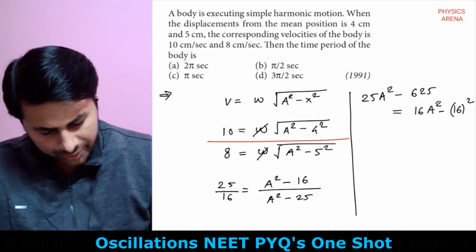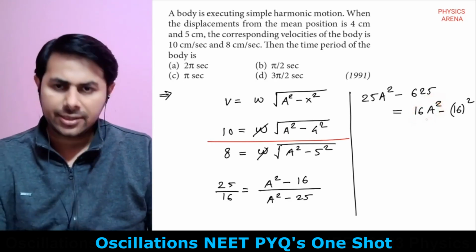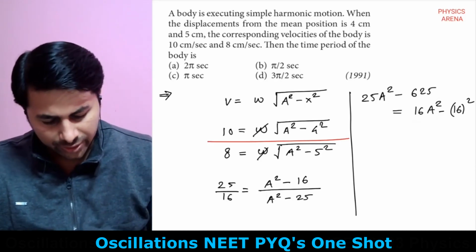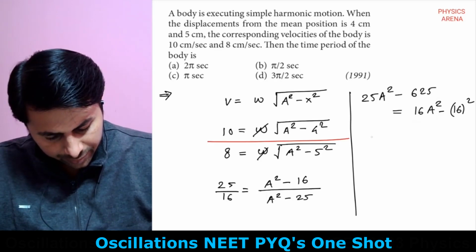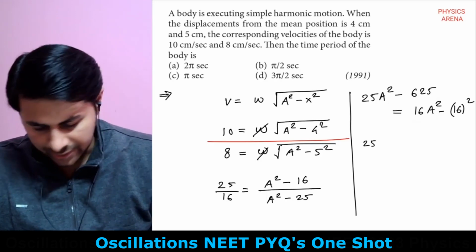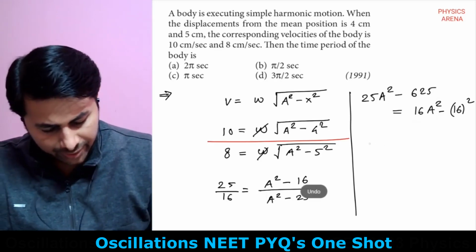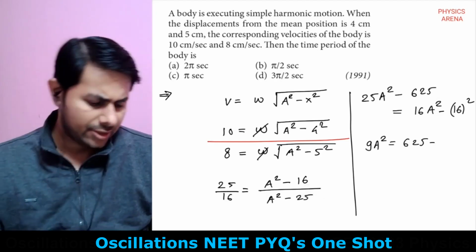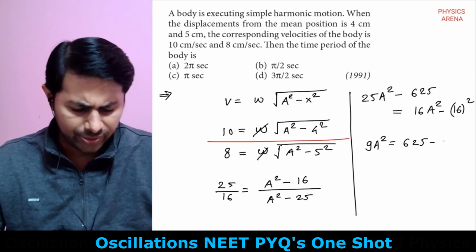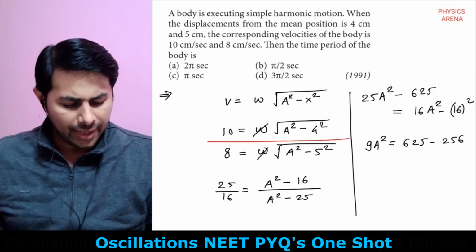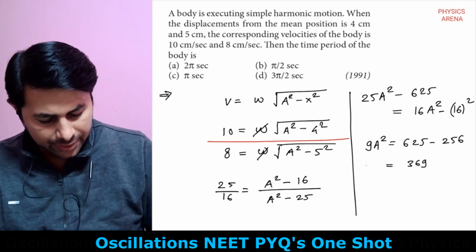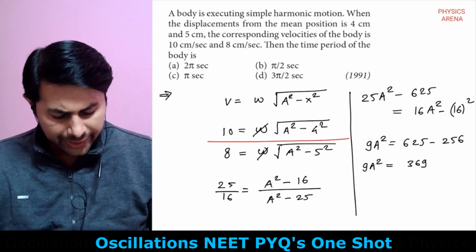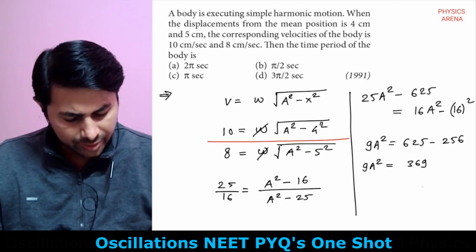If we take 16a square on the left hand side and 625 on the right hand side, it is 25a square minus 16a square, that is 9a square. So 9a square equals 625 minus how much is 16 square? 256, right? 369. This is 9a square. So from that we get a square. It will be 41, right?